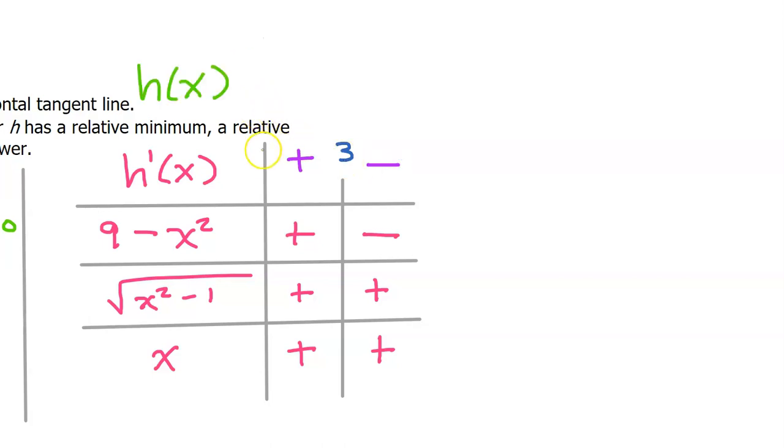We have learned that when the derivative is positive, the original function is increasing. And when the derivative is negative, the original function is decreasing. This helps us visualize that we must have a relative max at x equals 3. Let's write up our summary and justification.